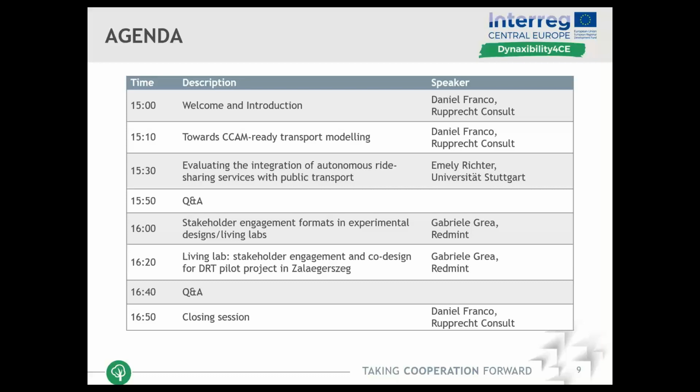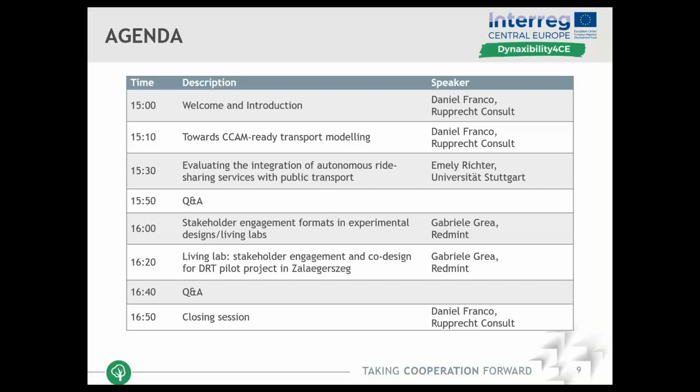We'll have a short Q&A and continue then with the topic of stakeholder engagement formats and how to run this type of experimental design settings with stakeholders and users. This by our colleague Gabriele Grea from Redmond, project partner of Dynaxibility4CE.